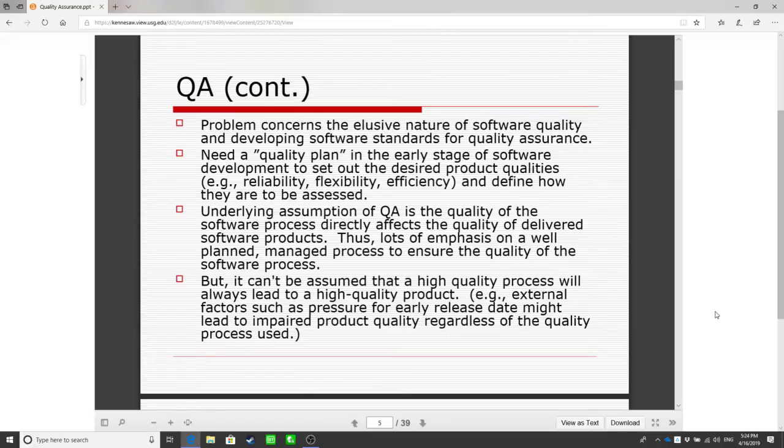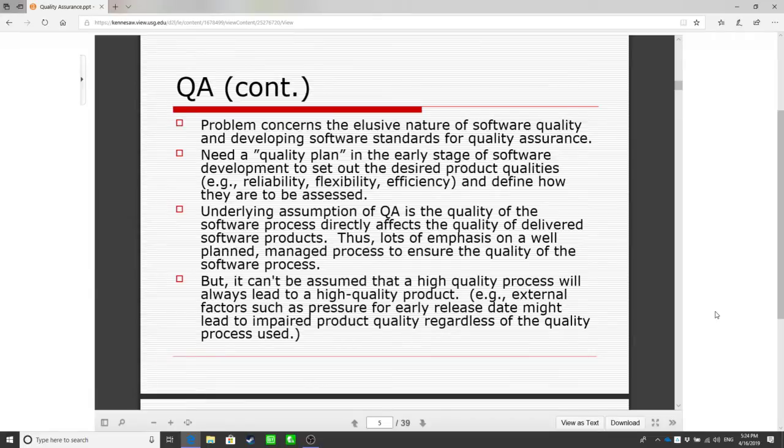And think about quality assurance, maybe the problem or the hard part of quality assurance. What do you think? First is maybe the standard, right? We want to have some standard. How can we measure the quality, right?